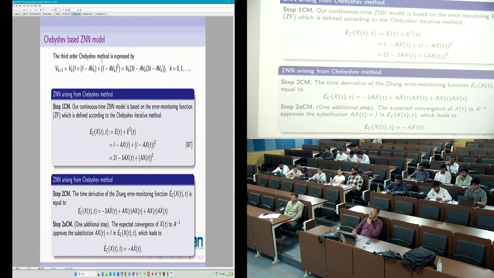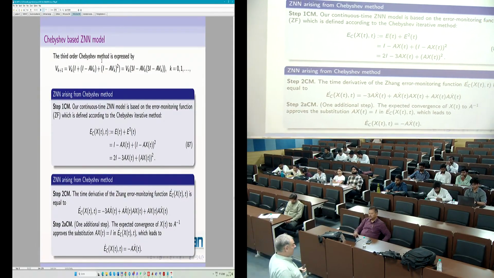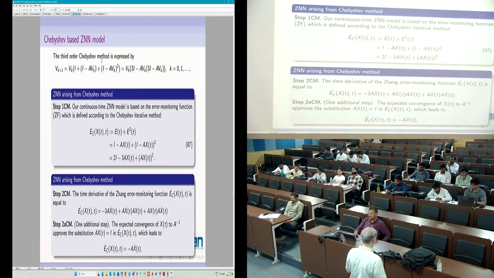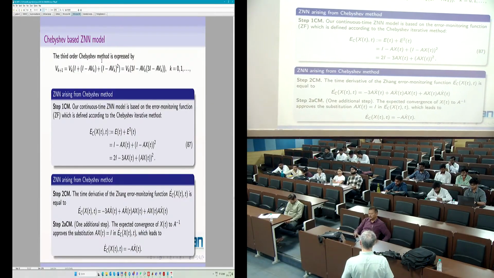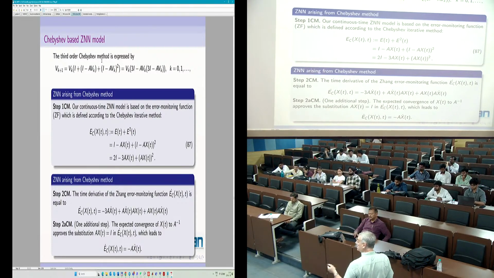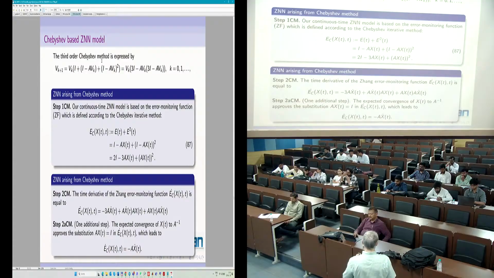Chebyshev method. For the beginning, it was our idea to investigate the relation between ZNN and high order iterative rules. For the beginning, third order, because the original ZNN is related to the second order Newton method.